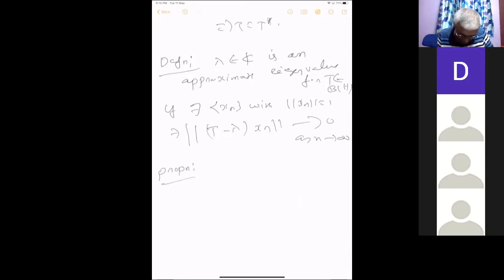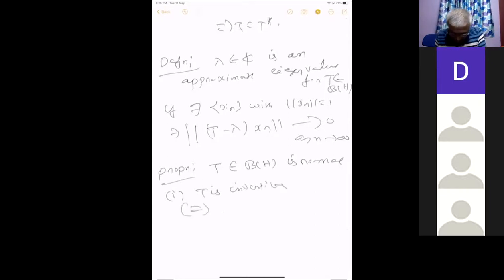Proposition: T is normal. Then 1, T is invertible. This does not involve approximate eigenvalue, but this is 2. Then T is bounded below.